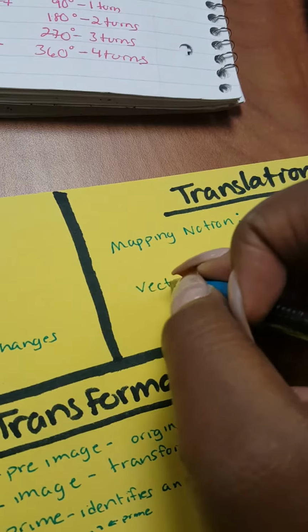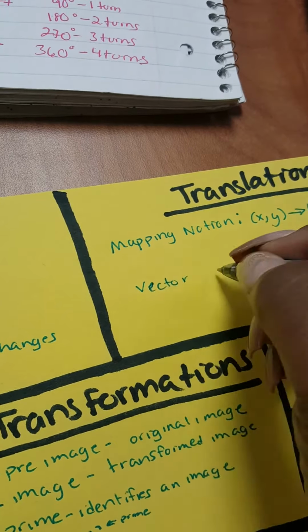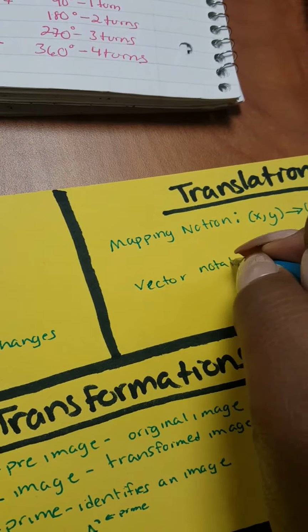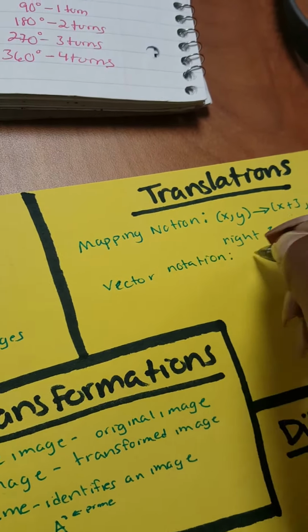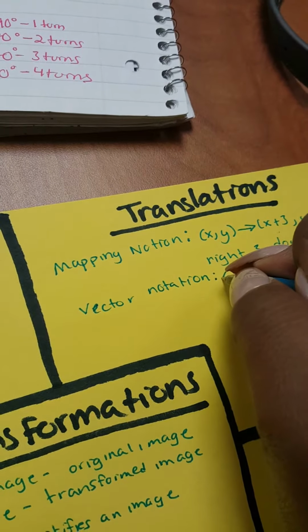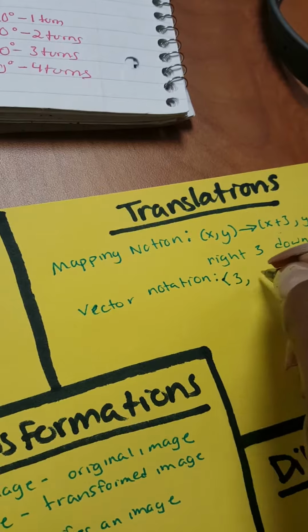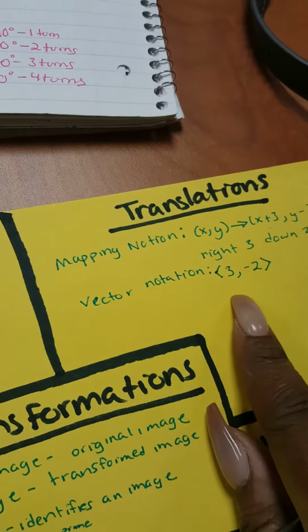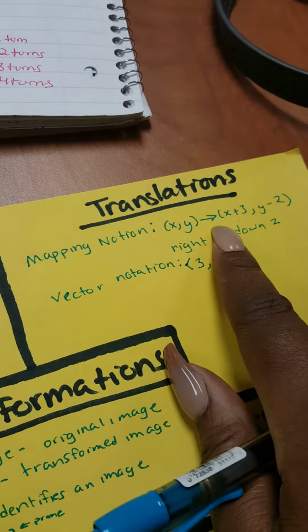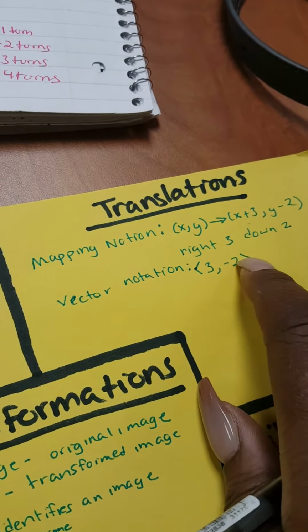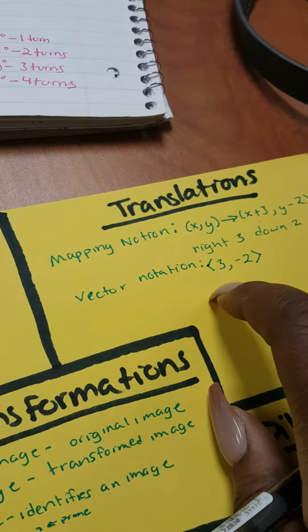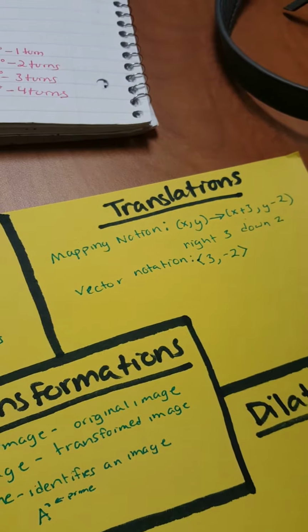Vector notation is written like that. This is saying the exact same thing as this. It's going to use brackets, not parentheses. It's still saying going right 3, down 2.